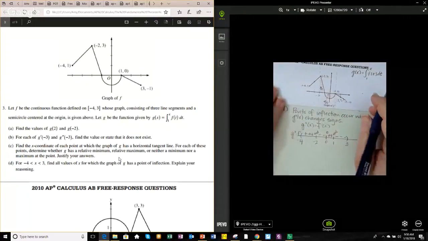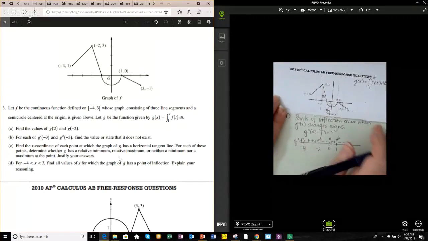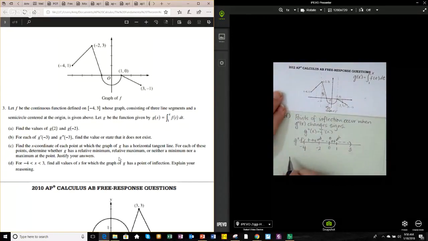Okay, so where does g double prime, or f prime of x, change signs? Well, clearly it changes signs at x equals -2. Where else does it change signs? At 0, and it changes at 1.